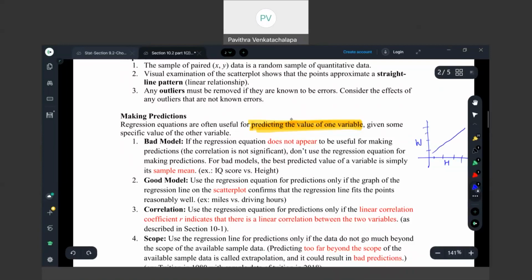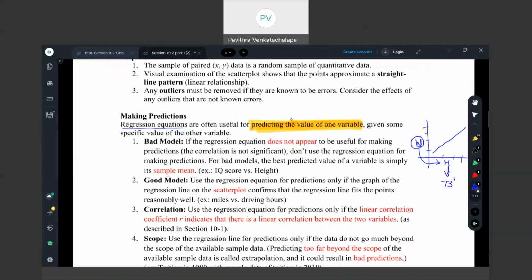I have collected some data, and this is a straight line and it follows a normal distribution. Everything is fine. Now, if I want to predict the weight of a person whose height is 73, then what can I do? Come back here, I will find the regression equation, and then using the regression equation, I can predict the value of weight using the value of height.